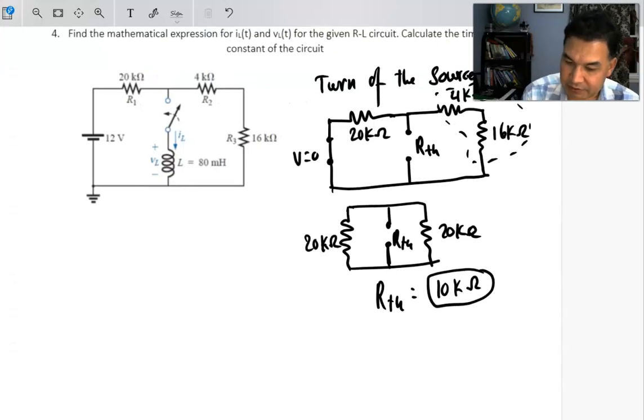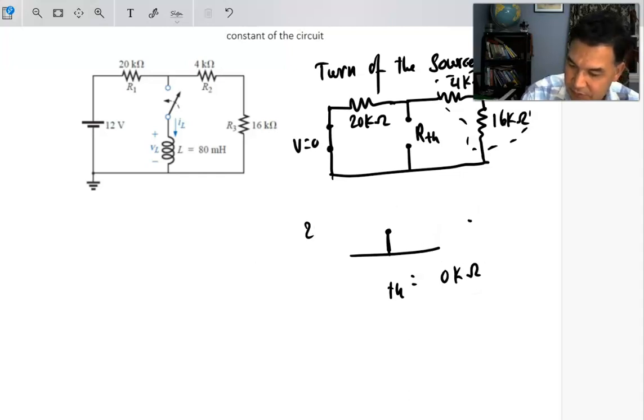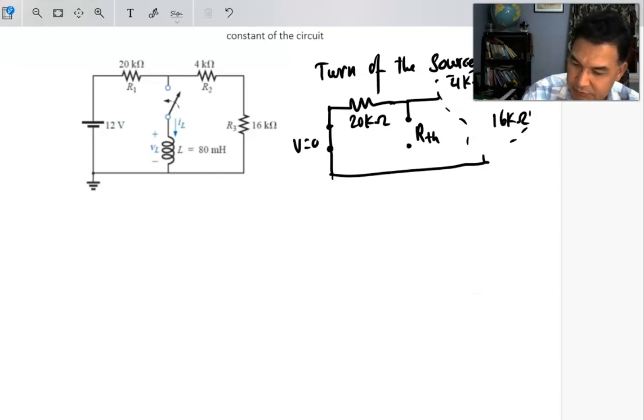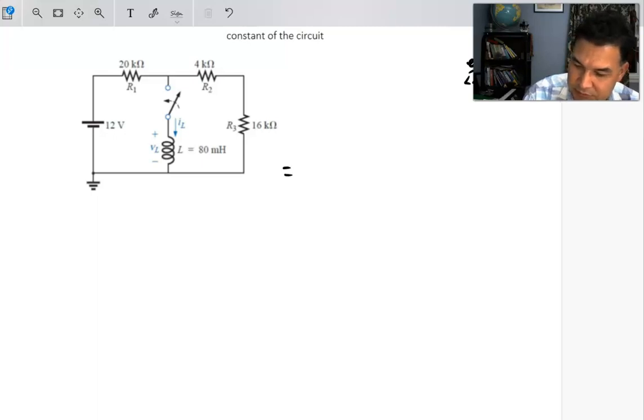Now let's find the Thevenin's voltage. What is Thevenin's voltage? Thevenin's voltage is with the load removed. With the inductor removed, the inductor being your load, you now have the 12 volt voltage source.